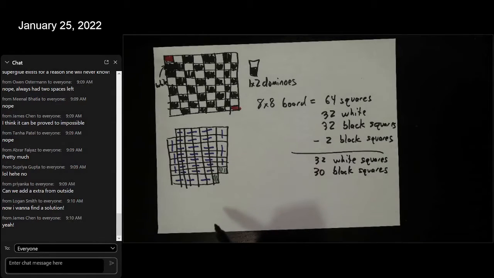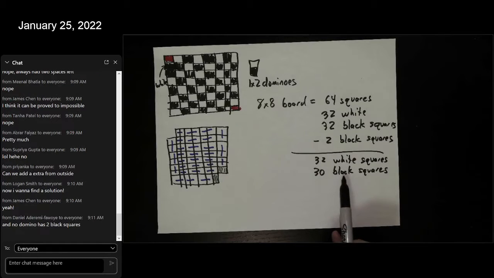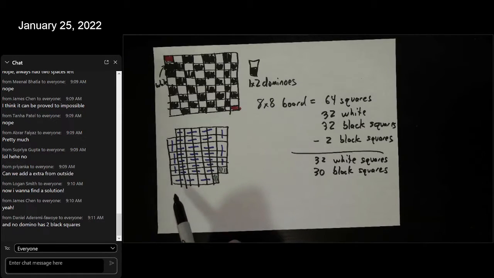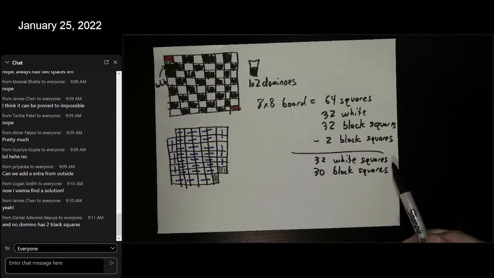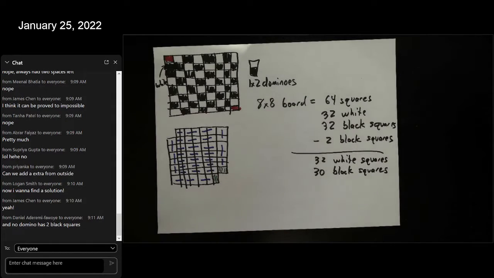Every domino is going to cover one white and one black square. So when I've covered up all the black squares, I have to have two white squares left over. There is no way to cover the whole domino board because there's always going to be two white squares left over, because every domino covers one white and one black square.